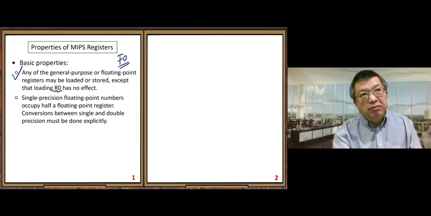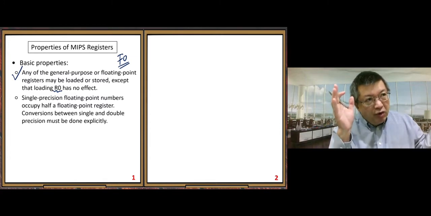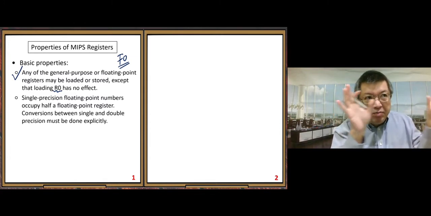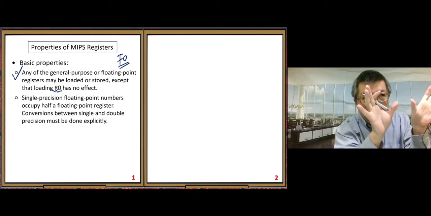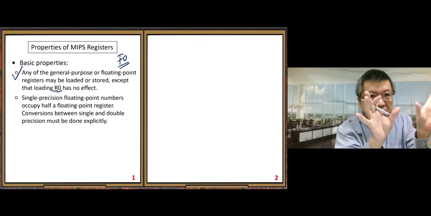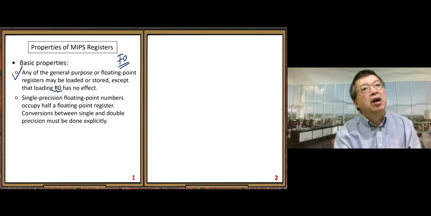So there is a question. The whole floating point register, can you put 2 different single precision numbers? So based on this one, you can see actually it is. So you can put 2 different single precision numbers there.